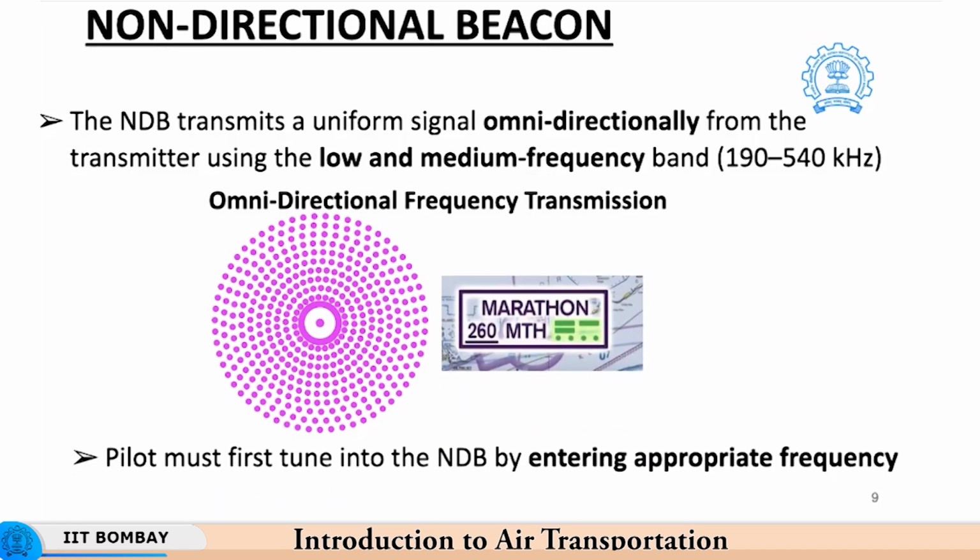For example, in this figure, this marathon basically explains the fact that this navigation aid is named the marathon, and it operates on a frequency of 260 kilohertz. Hence, while carrying out navigation in flight, the pilot needs to tune his receiver to this particular frequency to carry out the navigation.